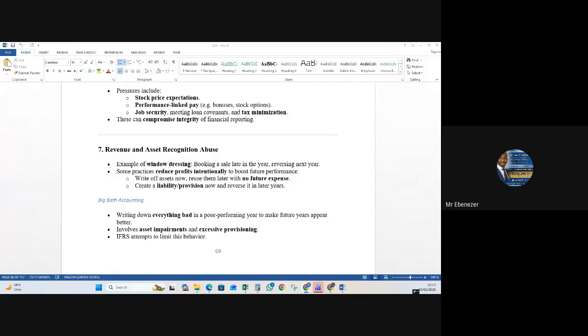An example of this is window dressing. Window dressing is when you book a sale late in the year and you reverse it in the next year.